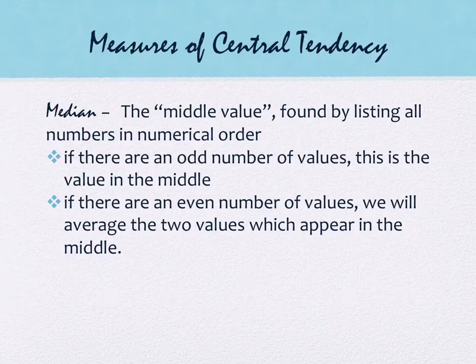If you have an odd number of students, there's one person in the very middle of your row of students. That would be your median height. But if you have an even number of students, there are two students in the middle. They might be the same height, or they might vary a little bit. So you take the two middle numbers, in that case, add them together and divide by 2 and find their average. So that's the median.